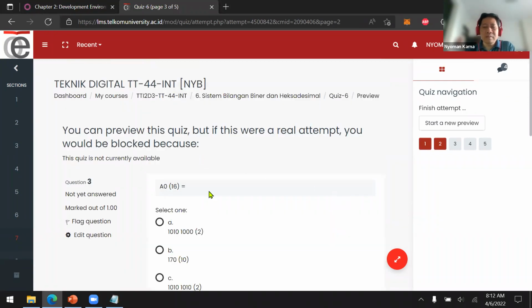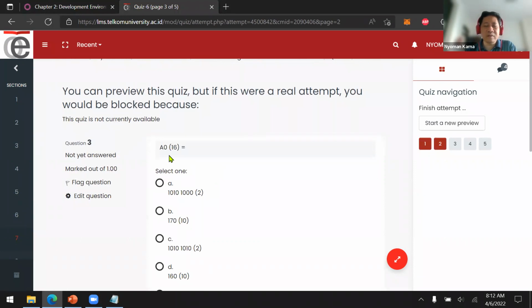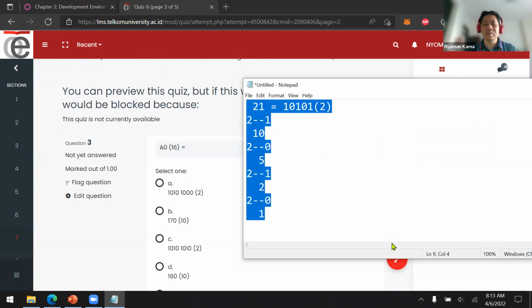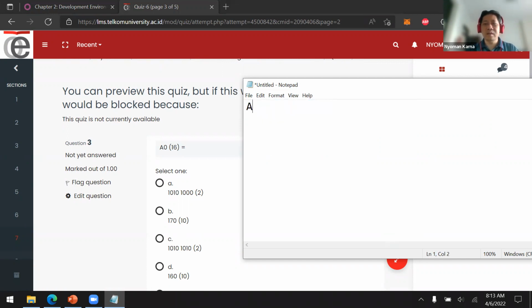Now, I have A0 in hexadecimal. Now I want to represent this hexadecimal using, let's say, binary. So in binary, A will represent 4 bits.